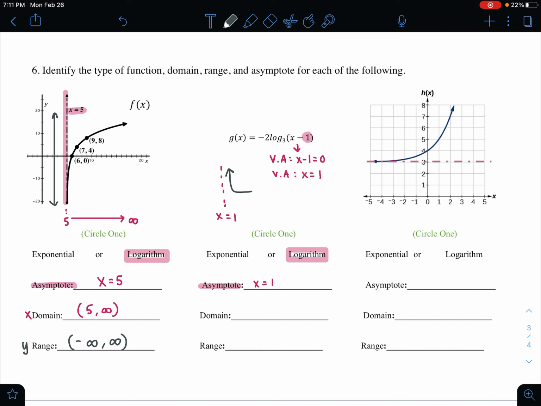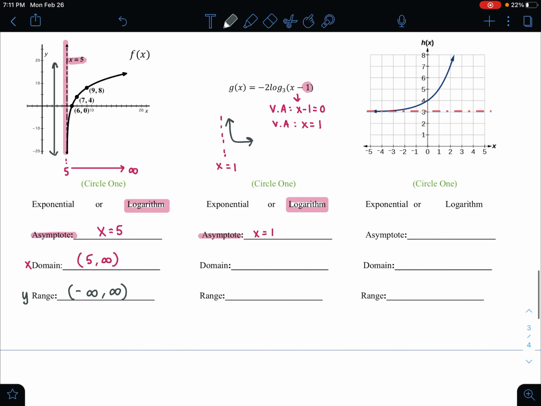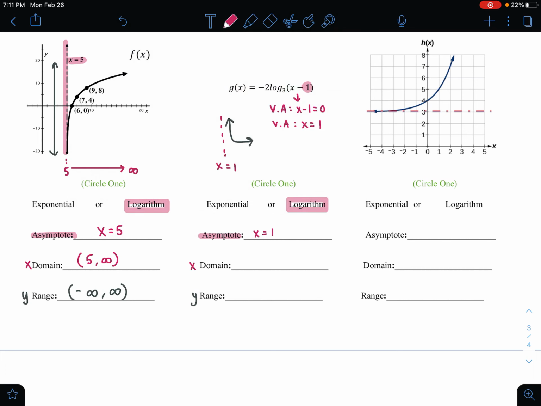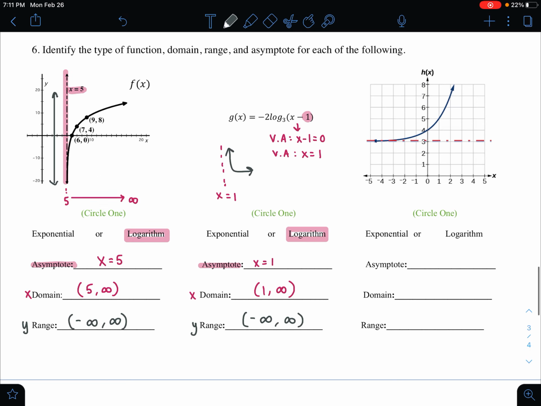Domain is restricted, and we have a negative a value, so it'll look like this. Still, however, the span of our x's is from 1 to infinity, and our range, our y values aren't restricted, so from negative infinity to infinity.